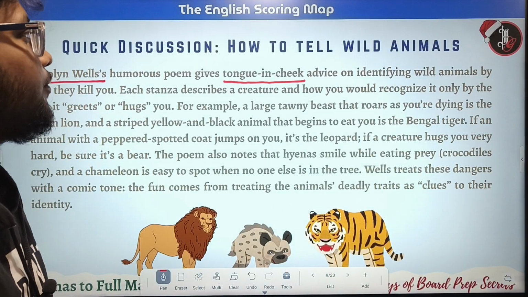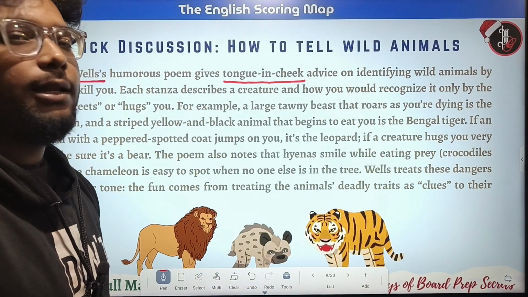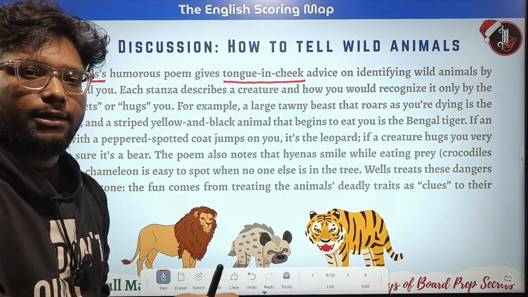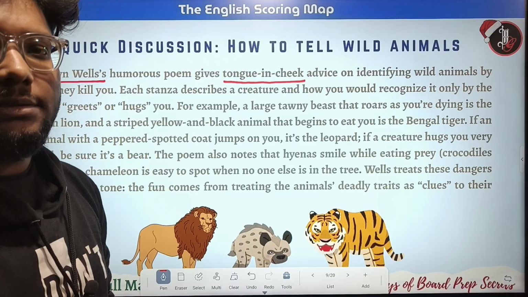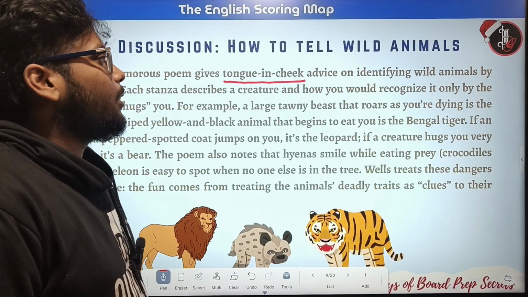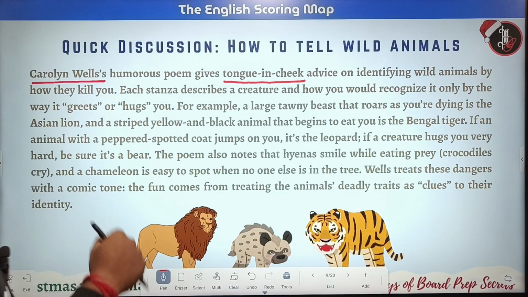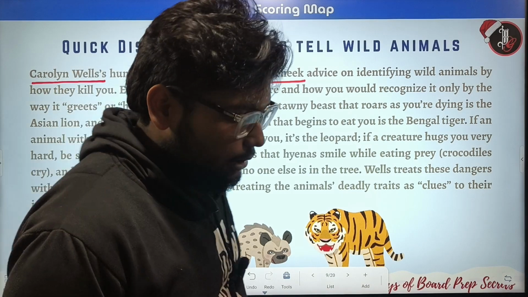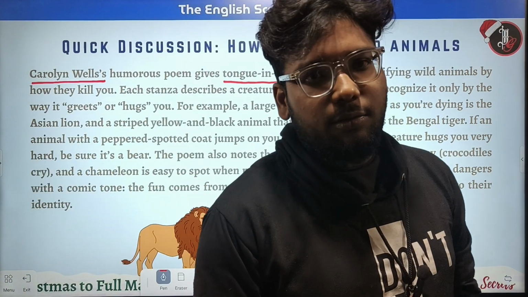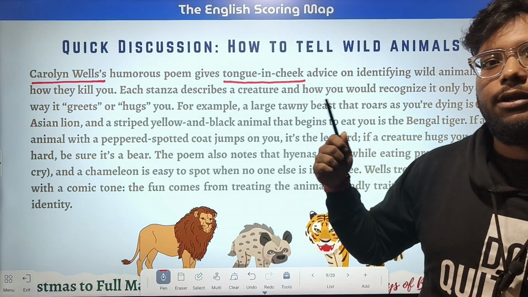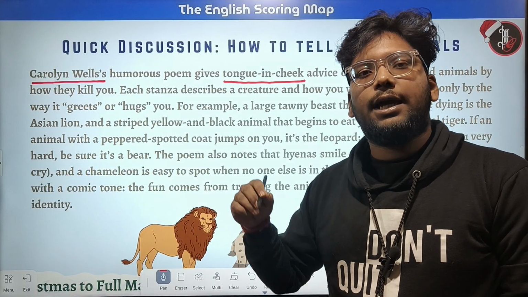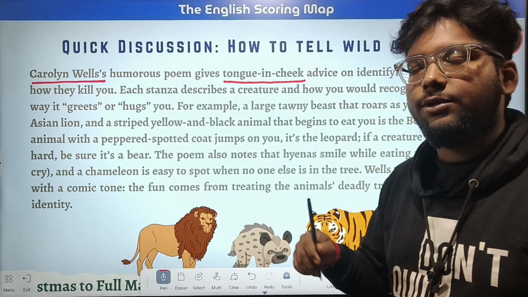It is tongue in cheek advice on identifying wild animals, not young, by how they kill you. It's very humorous. He tells how the tiger or the bear or the lion will kill you, in a very humorous way, which in turn tells us about that particular animal which we already know.